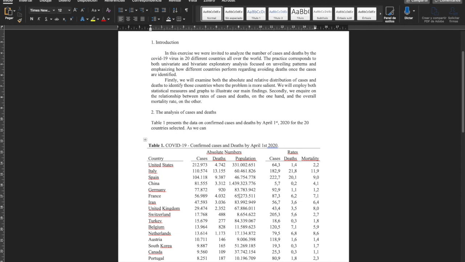As we can observe, it is ordered by the raw number of cases.